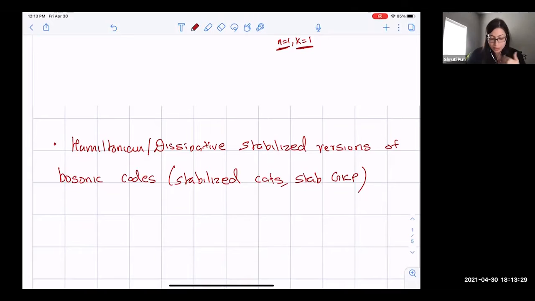In fact, the Kerr-Cat qubit is one such. It comes under a category of stabilized cat qubits, and that's a Hamiltonian stabilized version of a bosonic code. But this is not what we will be looking at in this lecture. Just so you know, it's out there. You can take a look at it if you're interested, or we can talk about it later.